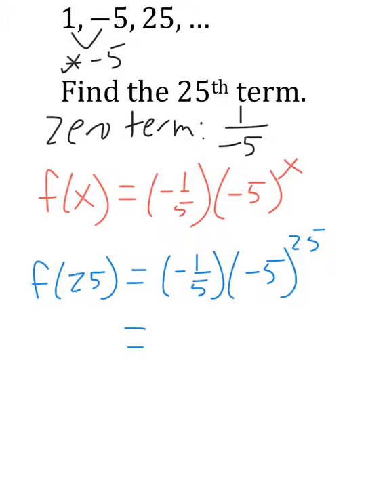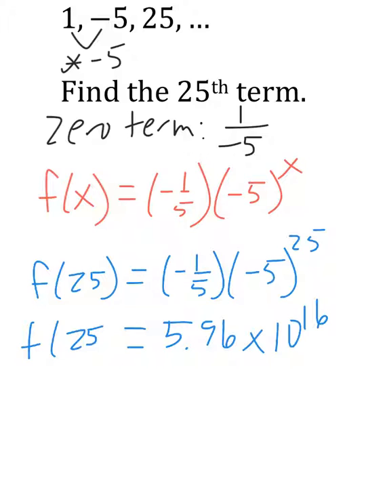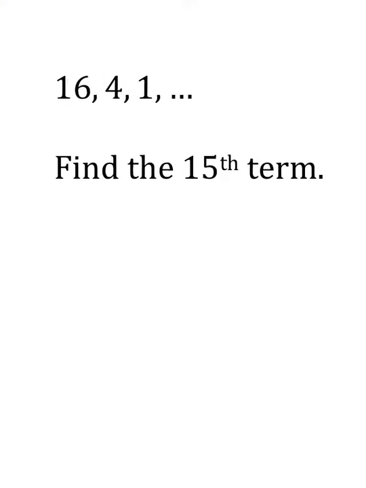A negative times a negative should give us a positive. When I type that into my calculator, I end up with 5.96 times 10 to the 16th power. So that is my answer for the 25th term in this sequence.